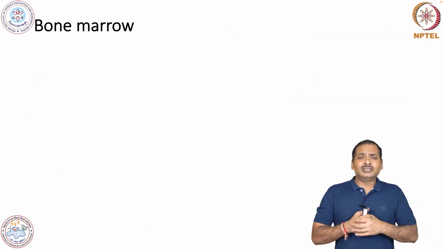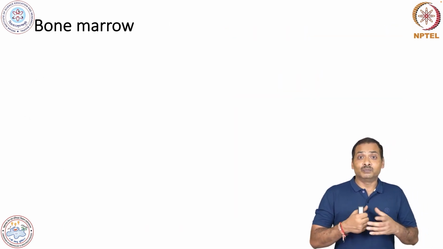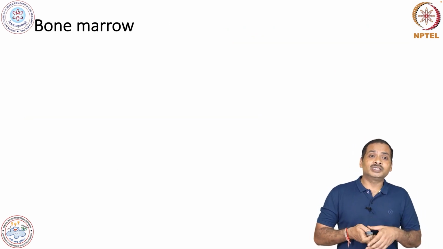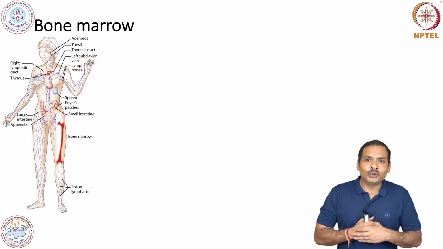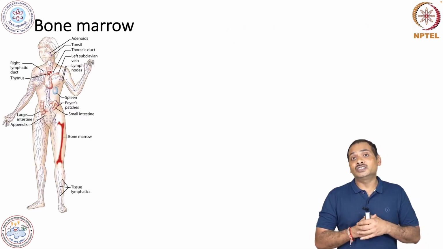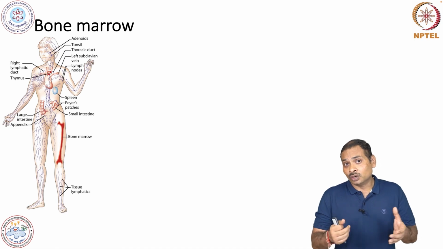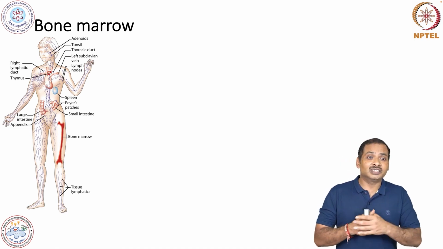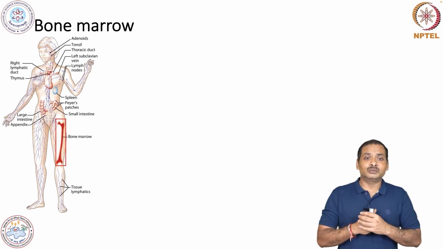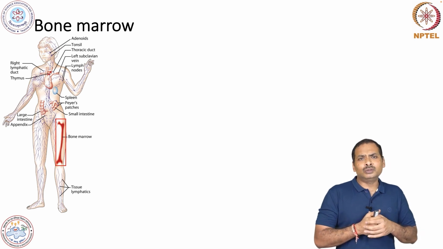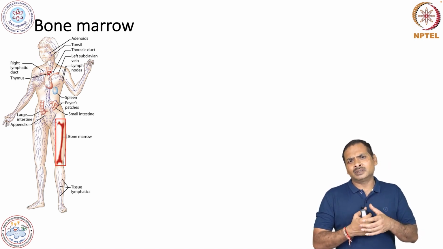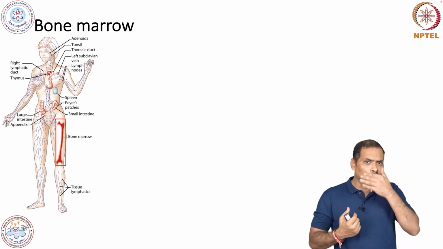So now another primary lymphoid organ is bone marrow. Bone marrow is a very important place for the generation of almost all cells present in the blood. Here you can see there is a bone marrow, which is basically the cavity present in long bones.